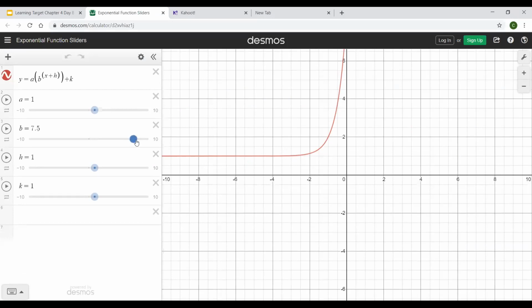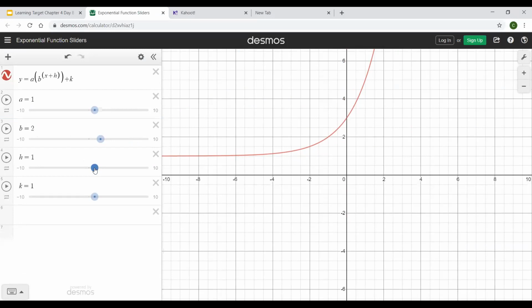Okay, so a is 1, b is 2, right? I'm taking h, and it says to take h and just move it around. So watch what happens when I move h.